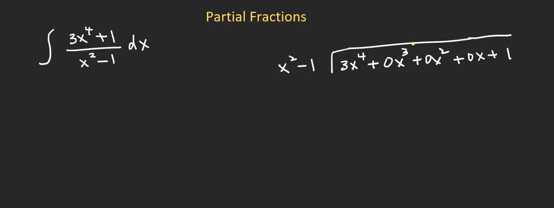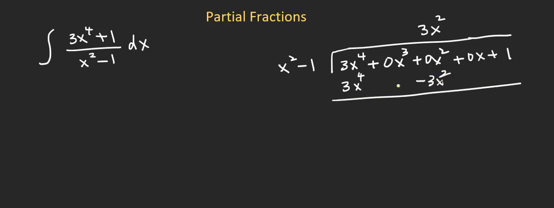So you need 3x squared. So you multiply that, you get 3x to the 4 minus 3x squared. Now you have to change the sign and add them up. So you end up getting 0x cubed, which is 0.